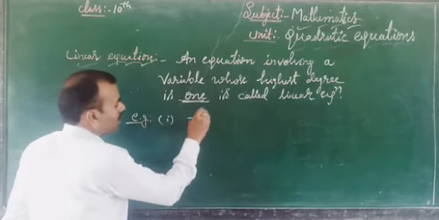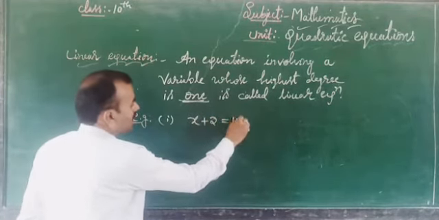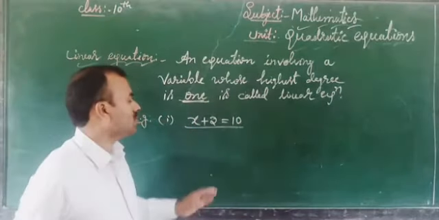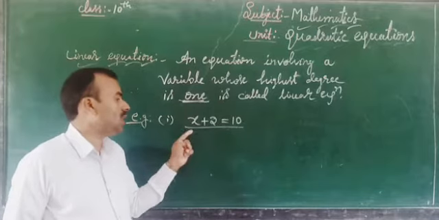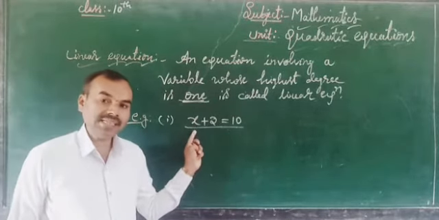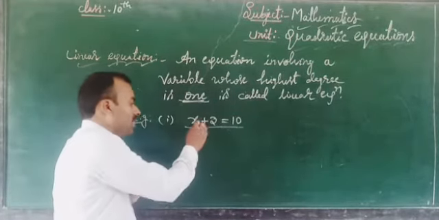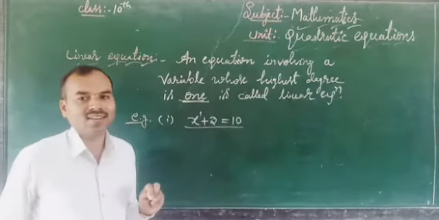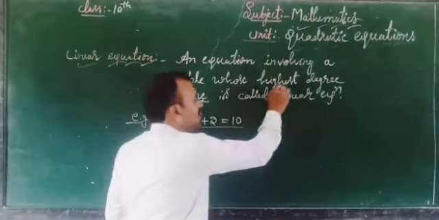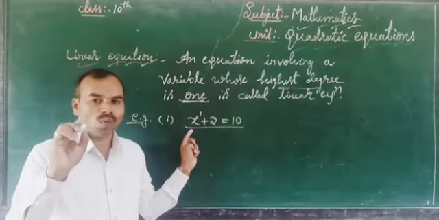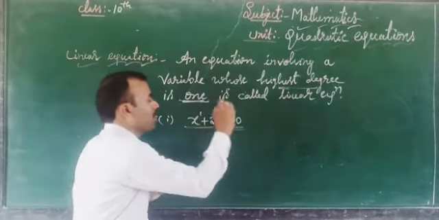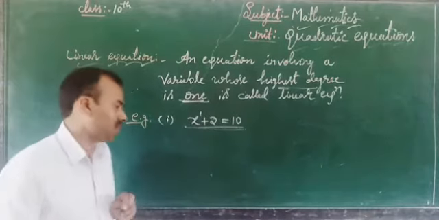x plus 2 equals 10. Just observe, in this equation there is only one variable, that is x. Its power is 1. So highest degree means the exponent of the variable is 1. So it is a linear equation.